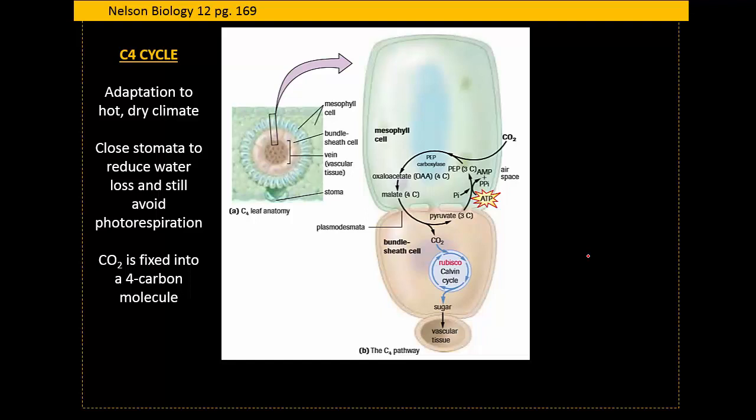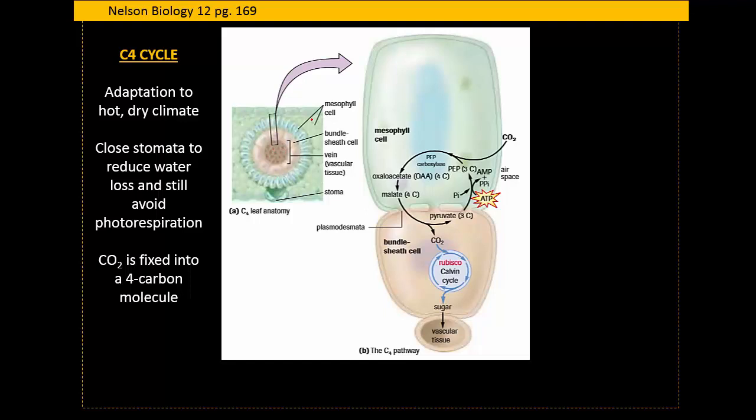All right, so we have some physical or structural adaptations, and we've got some physiological or biochemical, metabolic adaptations to deal with. So here we see an image of the C4 leaf anatomy, and the main thing that is different in these C4 plants is that there are bundle sheath cells all surrounding the vascular bundle, the vein, all right?